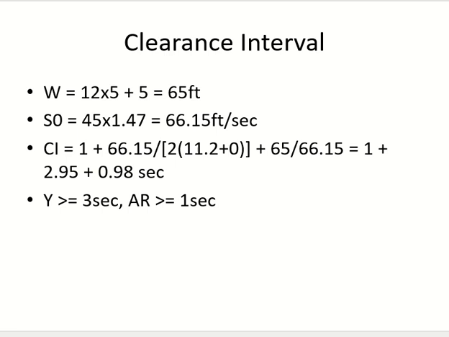Then this is the equation for calculating the clearance interval. Clearance interval is yellow plus all red, both. 1 is the reaction time for the signal. This is speed over 2 times deceleration rate plus gradient. So gradient is 0. No gradient is given.